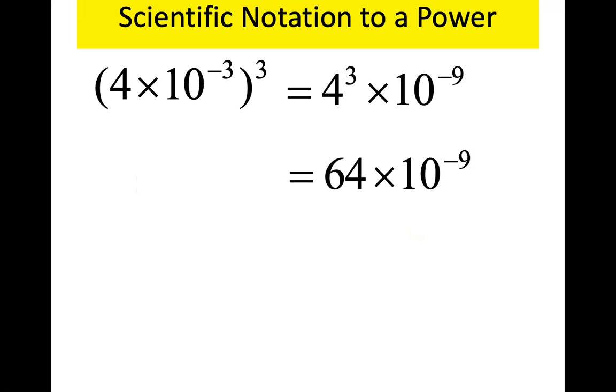Kaylee, back to you. That's a big number. How many decimal places do we got to move it? Just the 64. We got to make it into a number between 1 and 10. So big or small number?